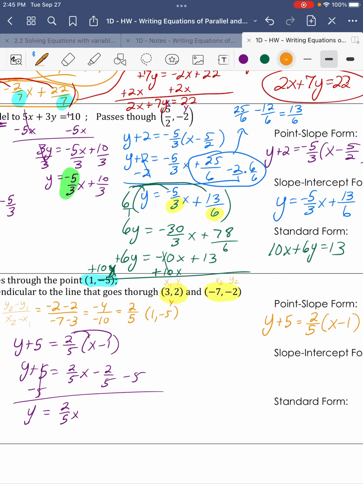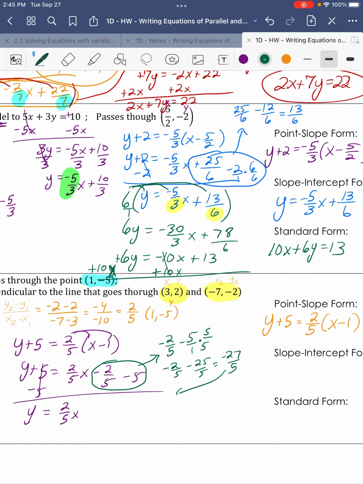I'm going to work that out on a side note. So negative 2/5 minus 5. Put 5 over 1. We need to get like denominators, so I'm going to multiply by 5 over 5. So negative 2/5 minus 25 over 5. Negative 2 minus 25 is negative 27 over 5.